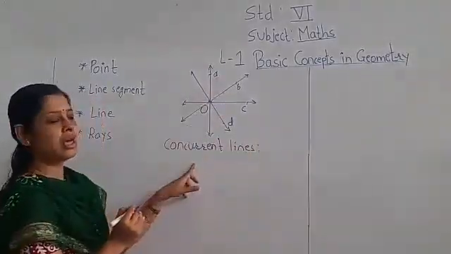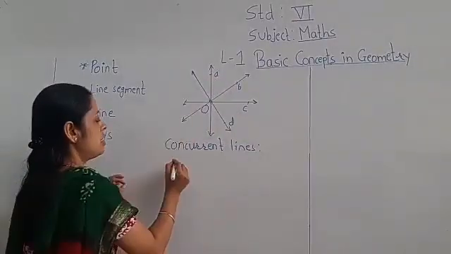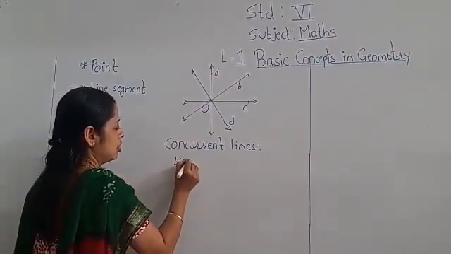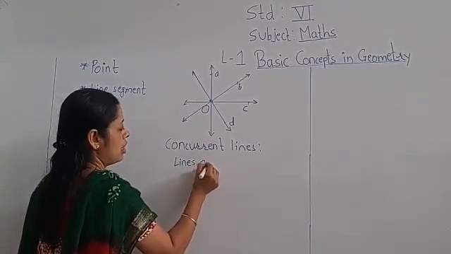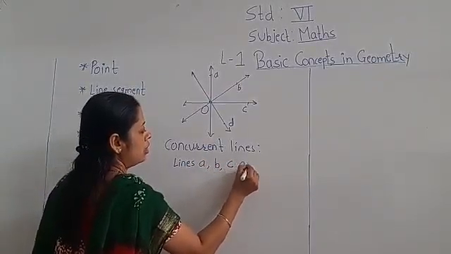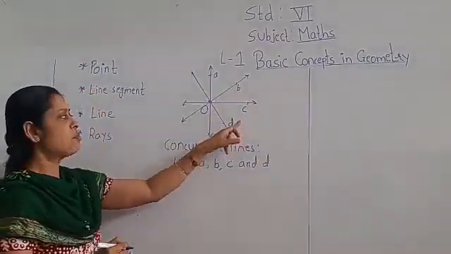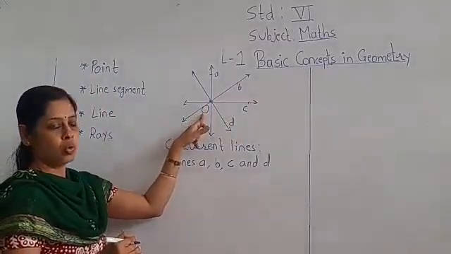Identify which are the concurrent lines in this figure. Lines A, B, C and D are concurrent lines which pass through point O.